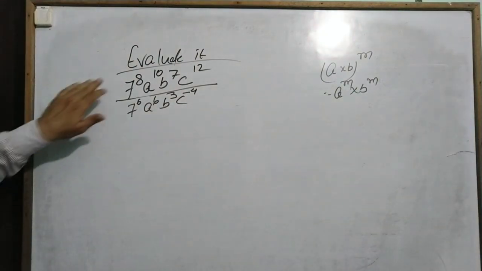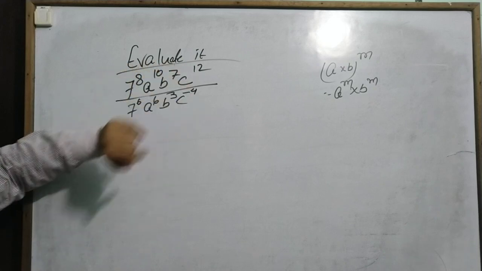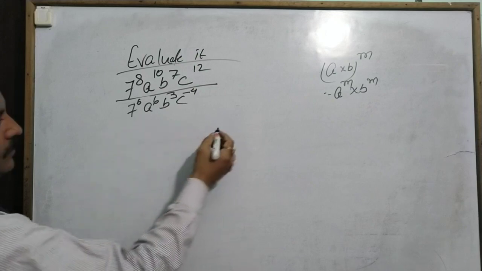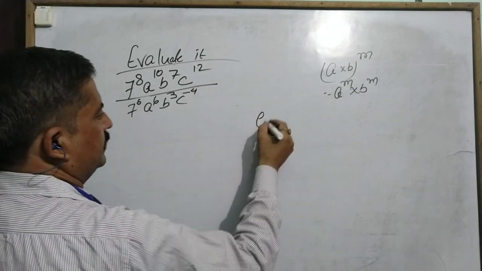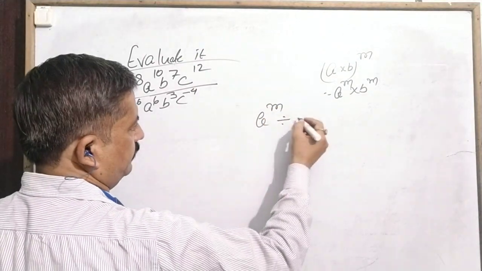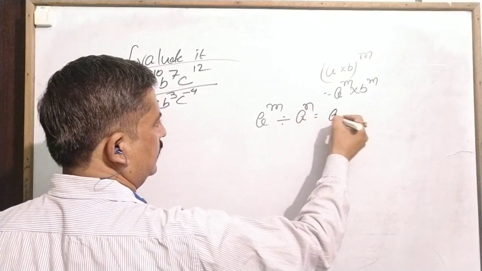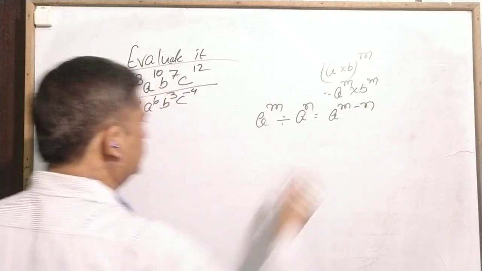Next question, if there is a combination of numbers and alphabets, the same methods we use. If x to the power m divided by a to the power n means a to the power m minus n, same identity.